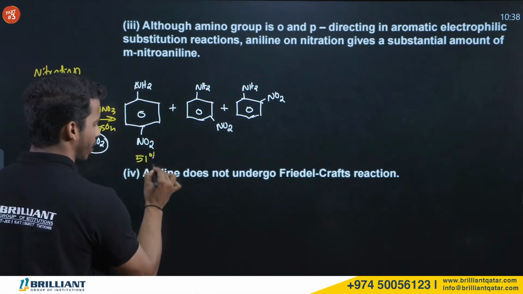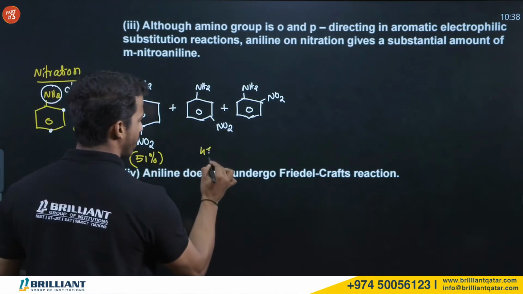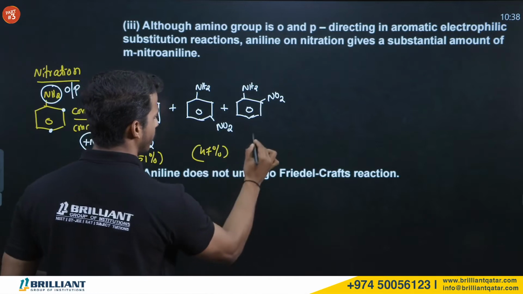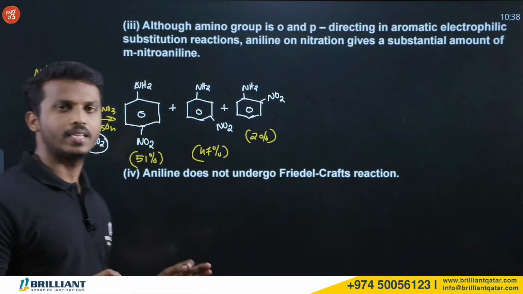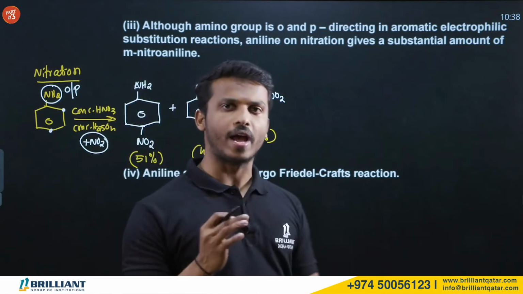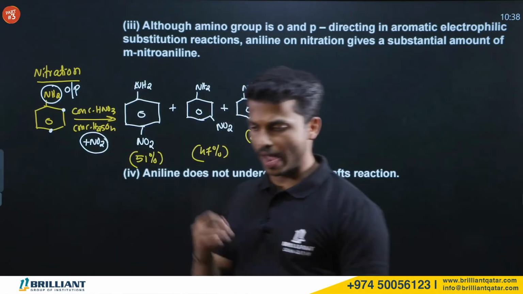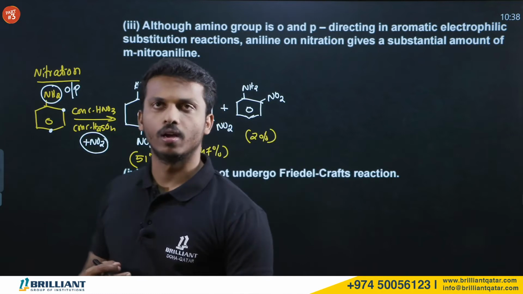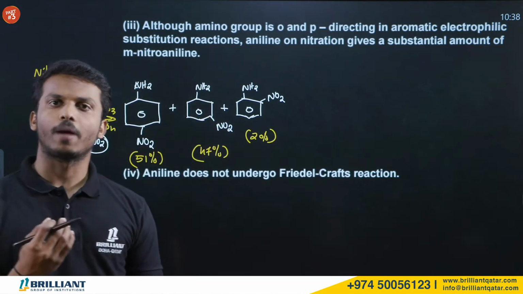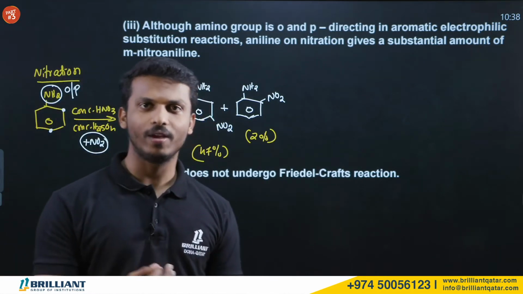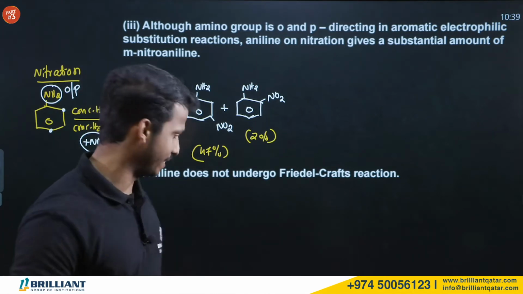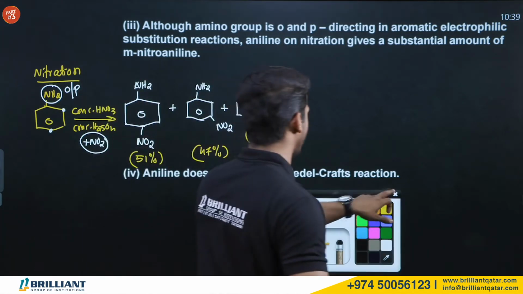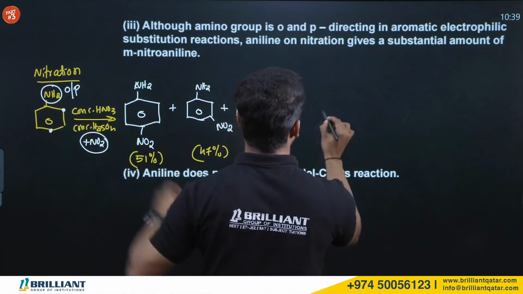This is around 51%, the meta product is around 47%, and this is around 2%. Aniline, an amine, is an ortho-para directing group, so actually it has to give ortho and para products only. But it's giving a substantial, around 47%, meta product. What is the reason?